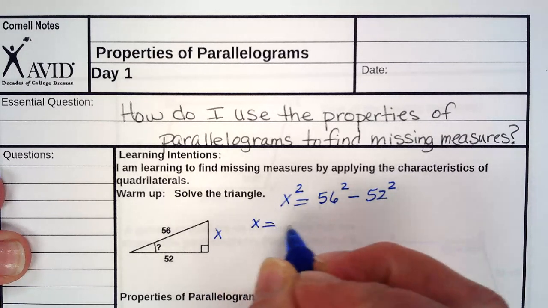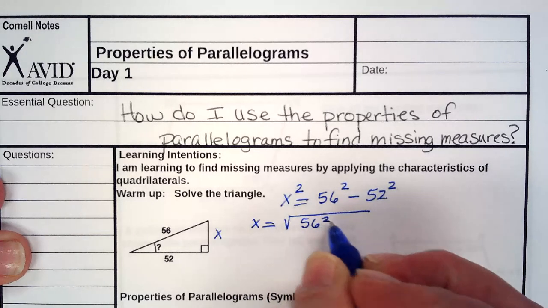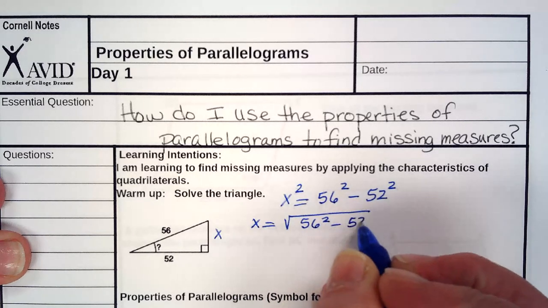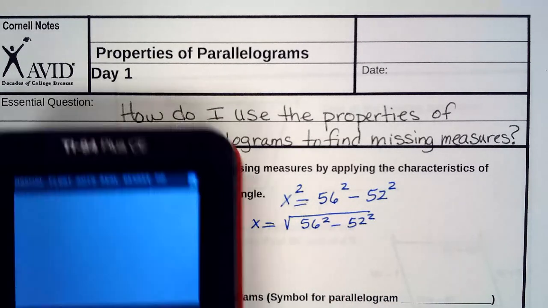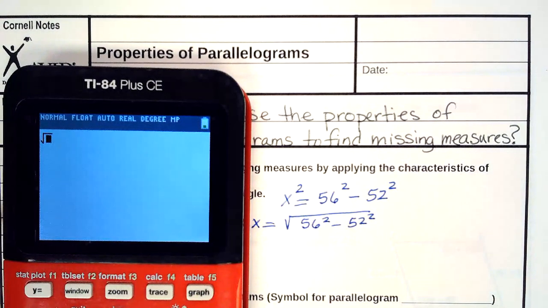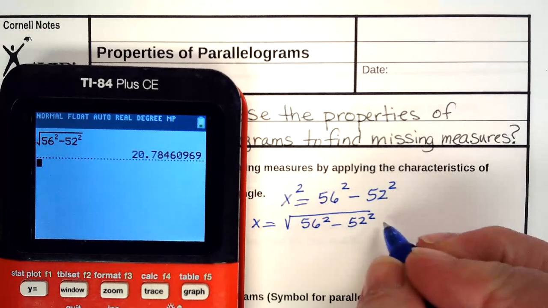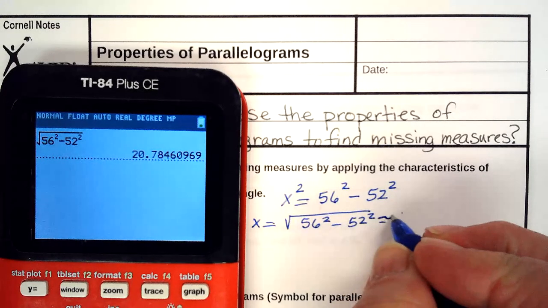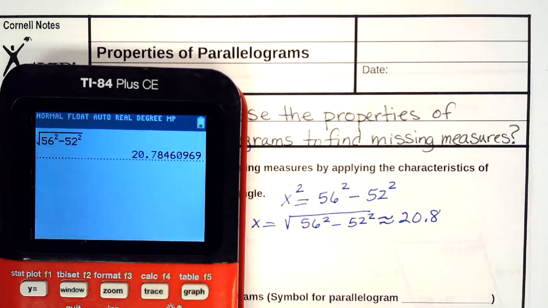So x will be equal to the square root of 56 squared minus 52 squared, and we'll see if that is a Pythagorean triple or not. And you get 20.78, so it's not a Pythagorean triple. It's about 20.8.